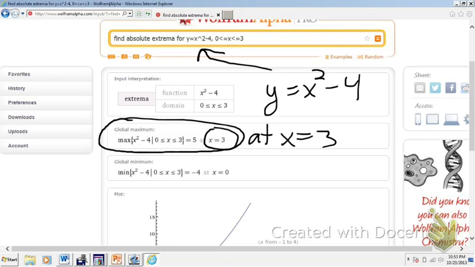So it's telling us there's a global max at x equals 3, and a global min at x equals 0. And then it's even graphing it for us.